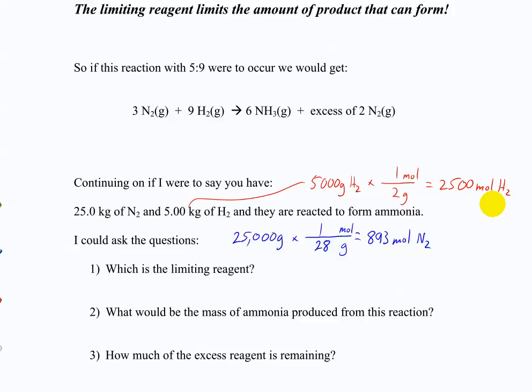So to figure this out, the hydrogen is limiting. So you need to figure out how many moles of hydrogen you would need for 893 moles of nitrogen. We would need 893 times 3, which is 2,679.